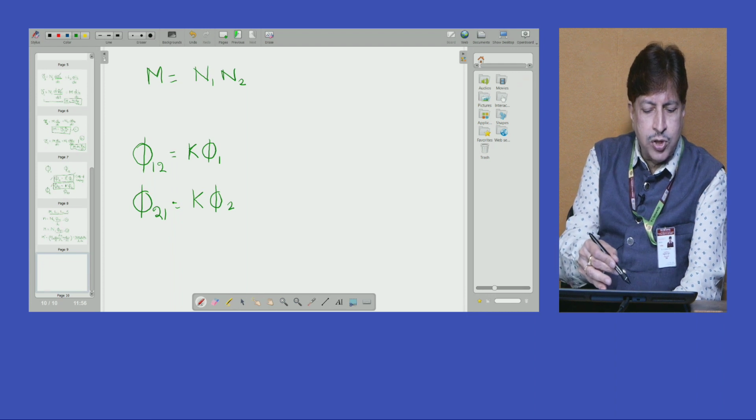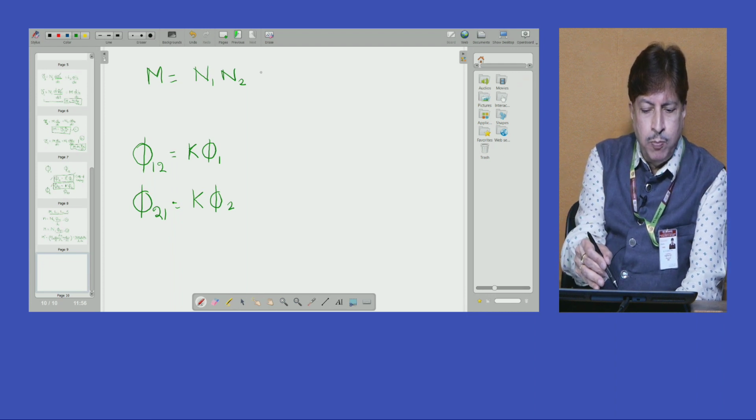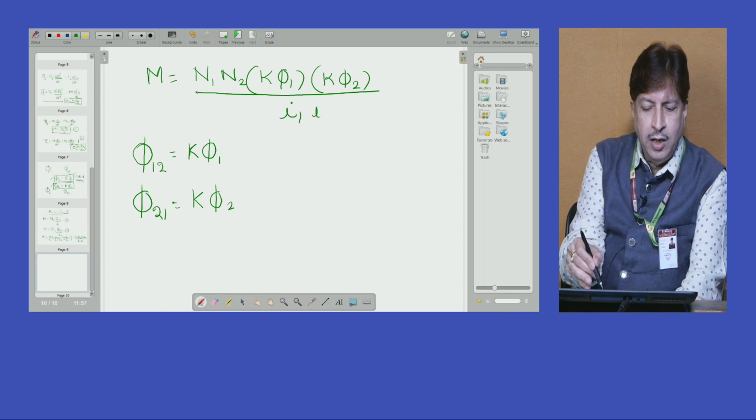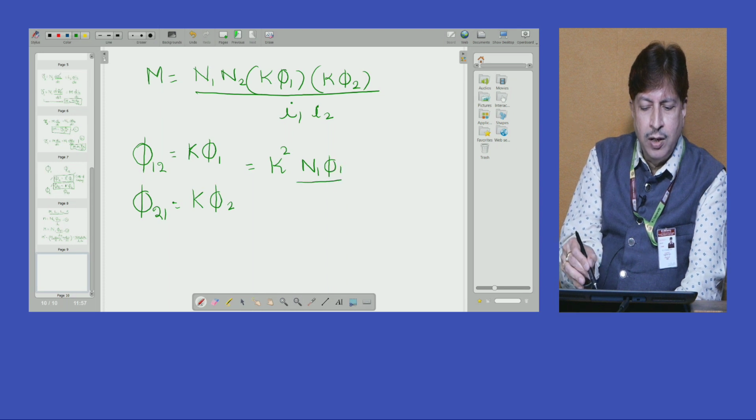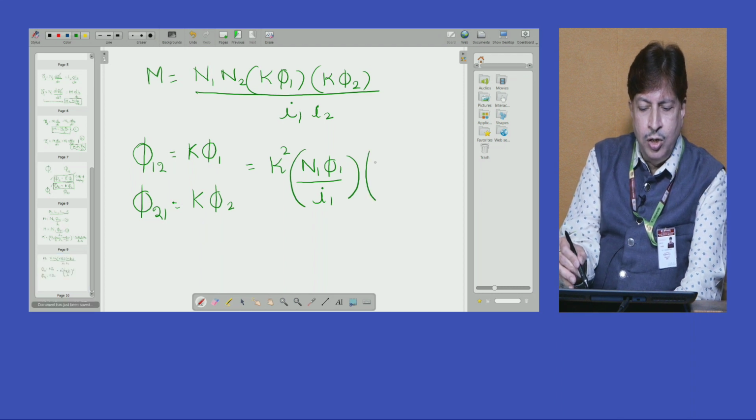I am going to substitute these two in place of phi 12 and phi 21. Accordingly, we get K square N1 phi 1 by I1 into N2 phi 2 by I2.